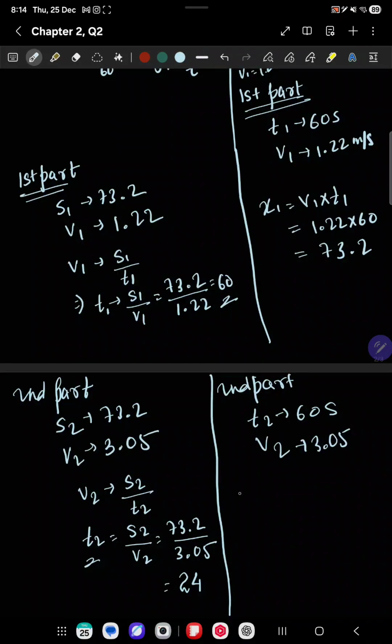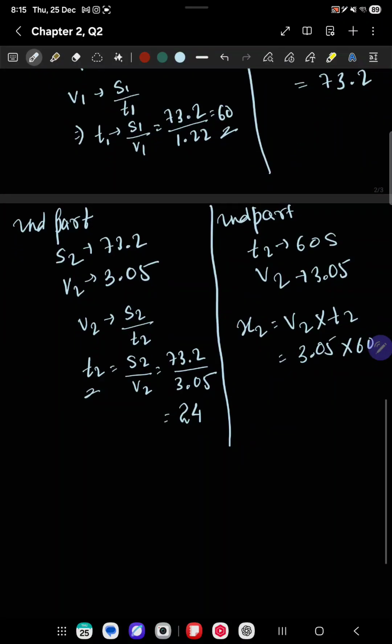So from here we can calculate x2 equal to V2 into T2, that is 3.05 into 60. So if we calculate this value, it will give us a value of 183.